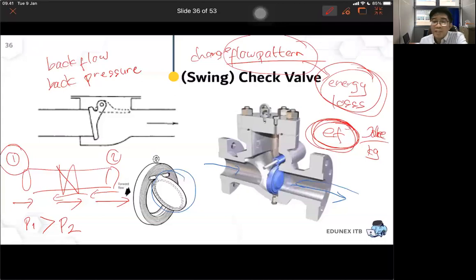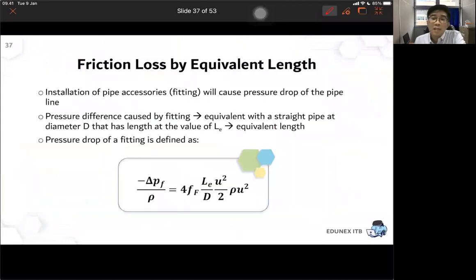Then how to quantify the energy loss? Basically, similar to the calculation of EF. First, the friction loss by fitting can be quantified by knowing the equivalent length, or panjang equivalent. Equivalent length means the fitting will have the same pressure drop as a straight pipe.